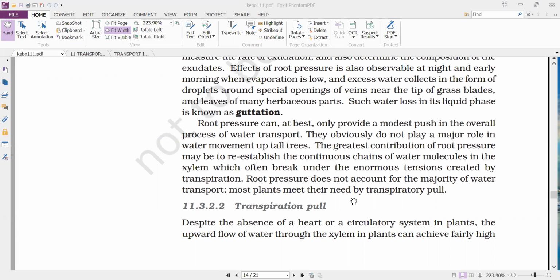So in a tall tree, the major function of the root pressure is to re-establish the broken chains of water molecules due to transpiration.